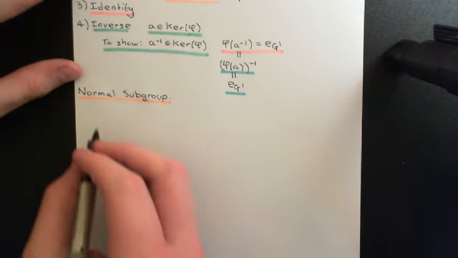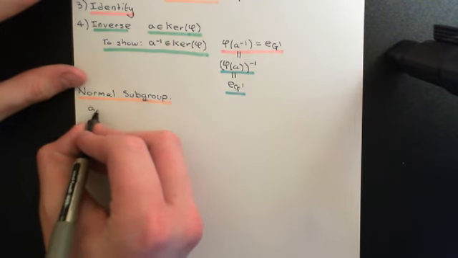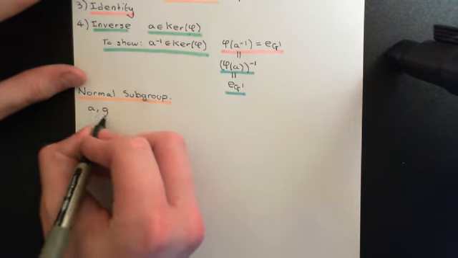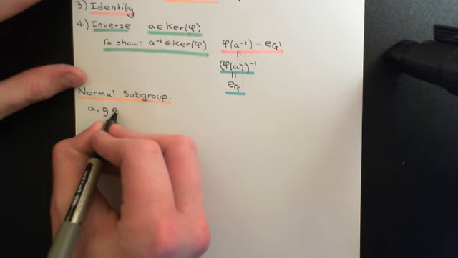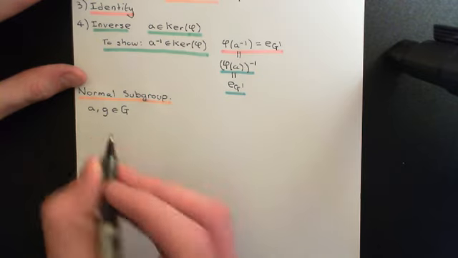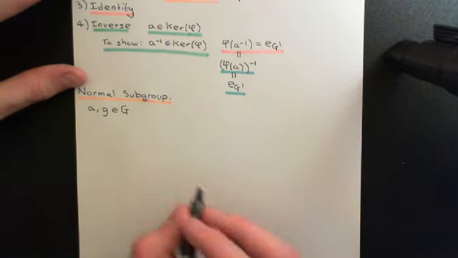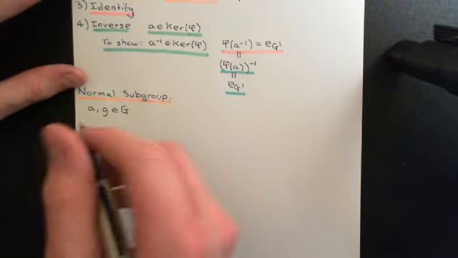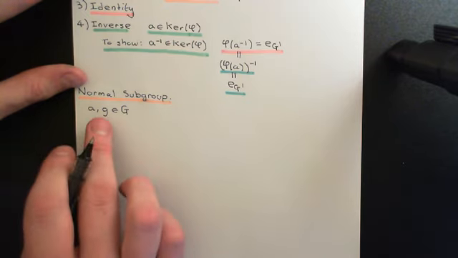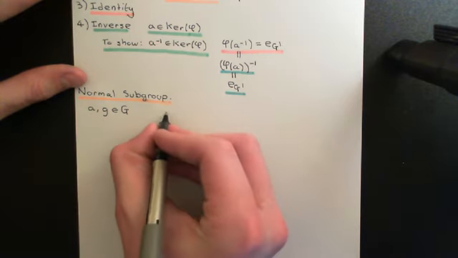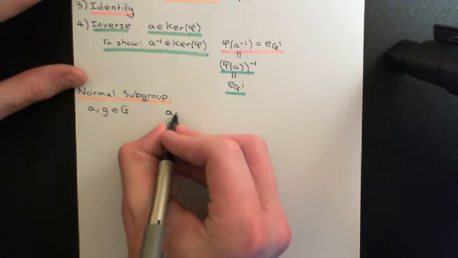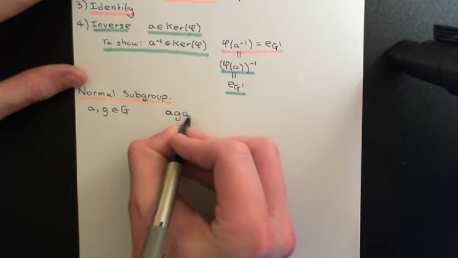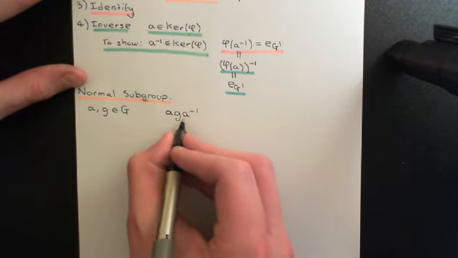Okay, so firstly a little bit of background. So let's say we've got two elements of the group. Let's say little a and little g, which are elements of some group, capital G, basically. Okay, then when we say we want the a conjugate of the element little g, what that means is a g a inverse, like so, basically.